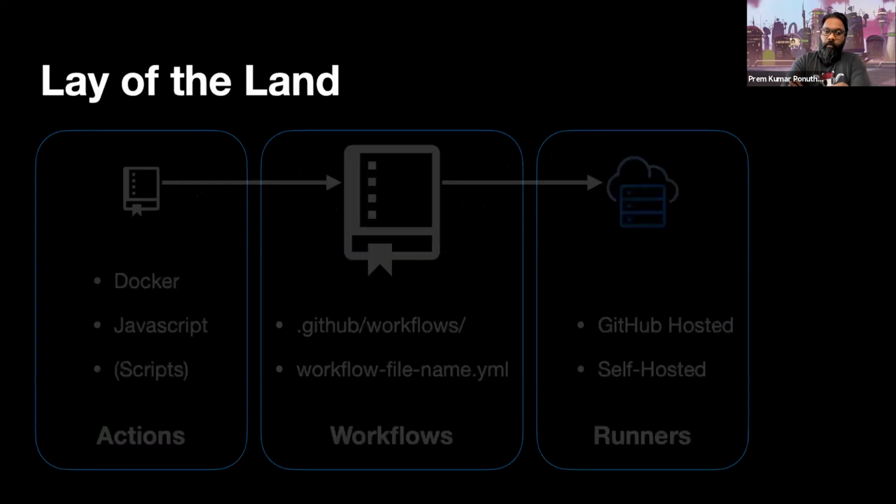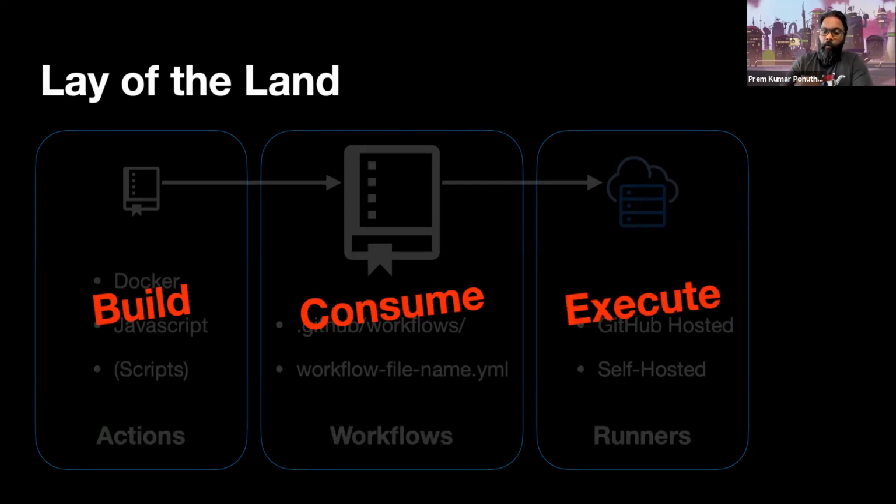In short, the lay of the land, the process involves you building an action, making sure it's atomic enough to be reusable. You need to consume the action in your specific repositories. When an event is triggered to run the action, it's going to be executed either in a self-hosted runner or a GitHub hosted runner, right? So that's the lay of the land.